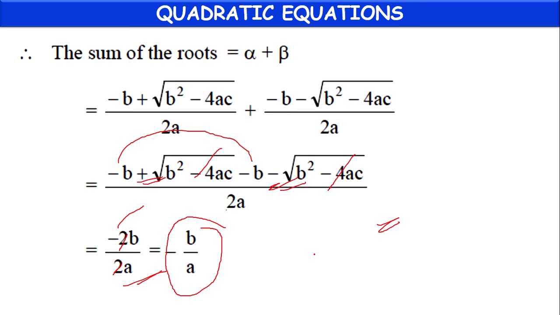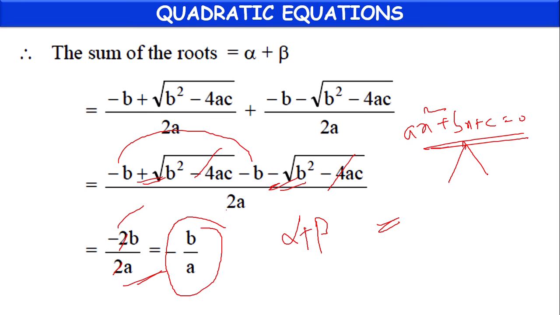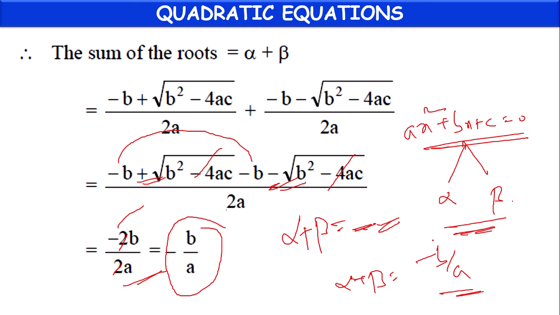So the shortcut for sum of the roots, if the equation is in the form of ax square plus bx plus c equal to 0, if its two roots are alpha and beta, then we can directly write their sum as alpha plus beta equal to minus b by a, where b is the coefficient of x and a is the coefficient of x square. Like that, directly we can remember this as a formula.